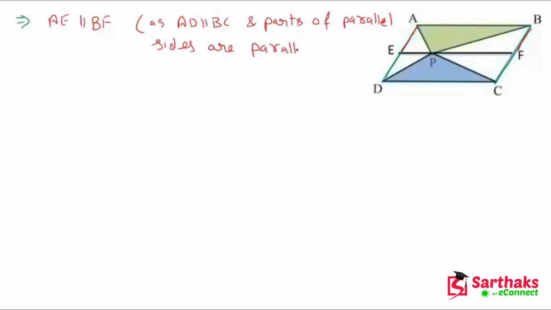Parts of parallel sides are what? They are parallel. And we also know that AB is parallel to EF by construction.